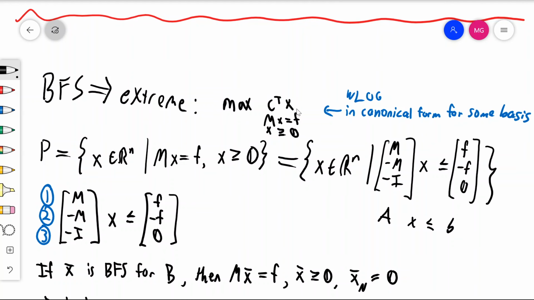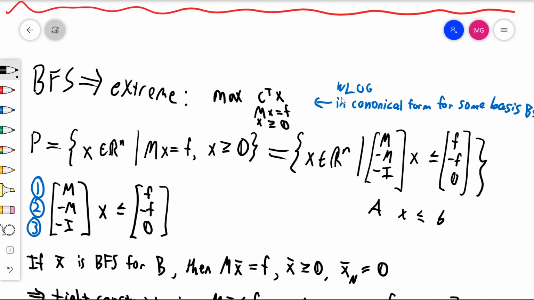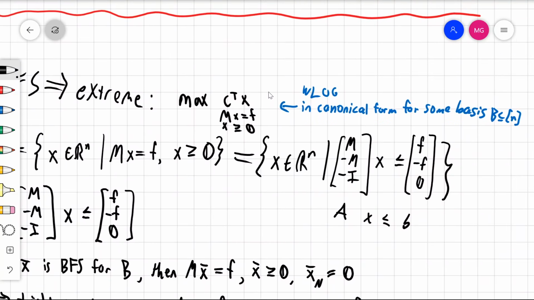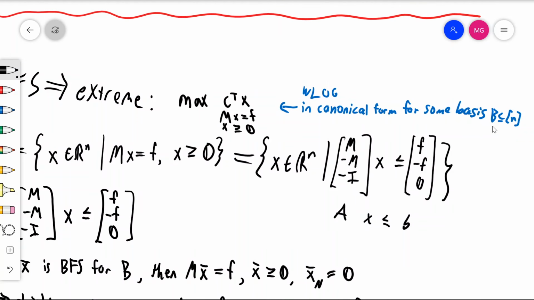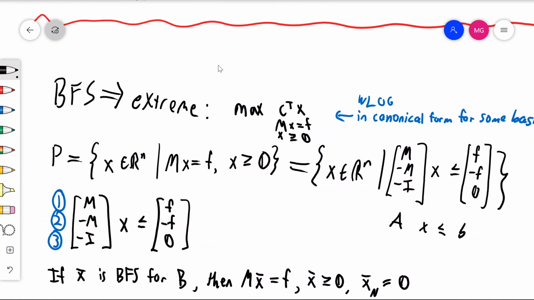Here's our linear program in standard equality form with the assumptions that we had above. Without loss of generality, we can assume that it's in canonical form for some basis B, a subset of [n], which is, again, the bracket notation indexing all the column indices, all the columns. So we can assume it's in canonical form for any basis. If we are starting with a basic feasible solution, then it must be a basic feasible solution for some basis.